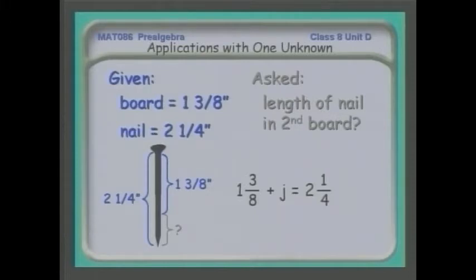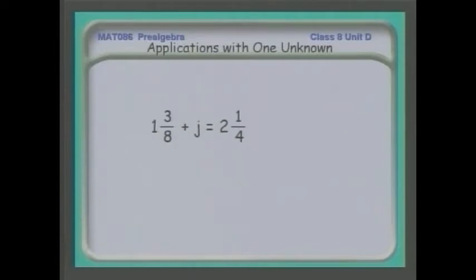Let's try to solve that equation then for J. 1 3/8 plus J is equal to 2 1/4. We'd like to get J by itself. If I subtract 1 3/8 from both sides of that equation, what I find is that, first of all, I can get a common denominator by changing 2 1/4 to 2 2/8, multiplying the top and bottom by 2 in terms of getting eighths.